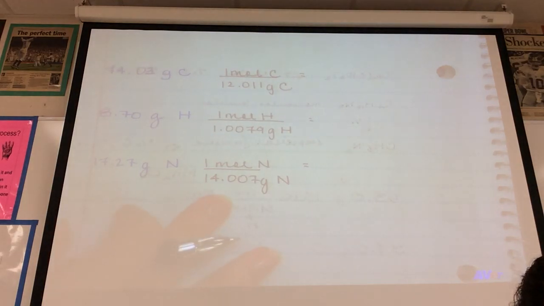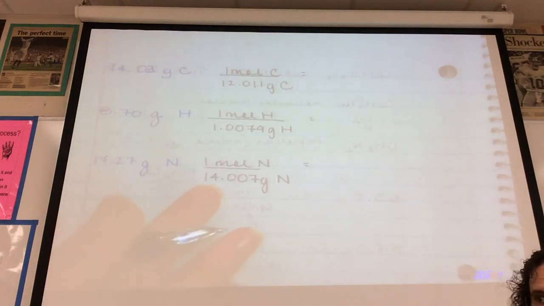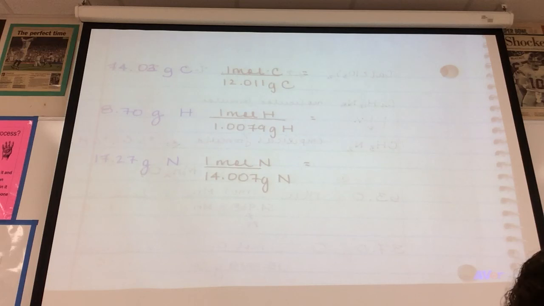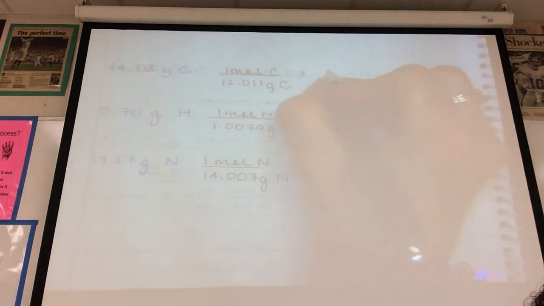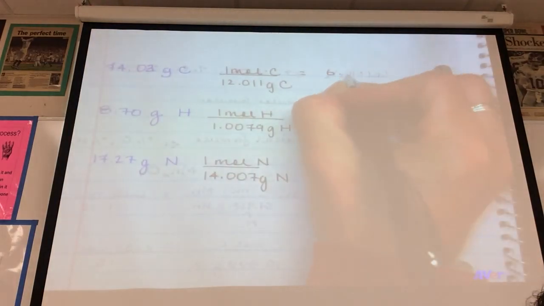Is this step clear? This is back from last week. And that's why I've said chemistry is such a building process. If you don't master early concepts, they really come back to haunt you.